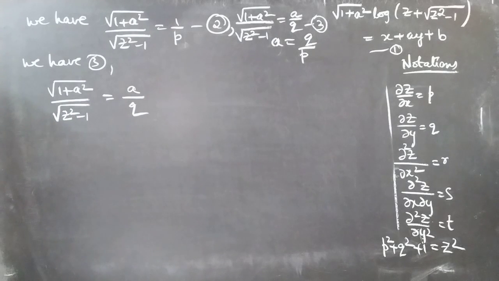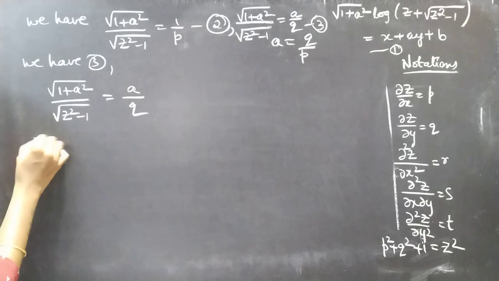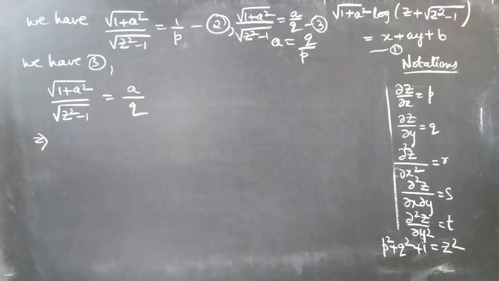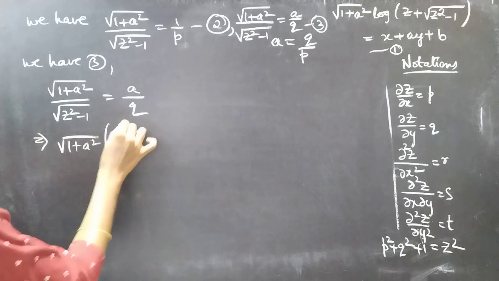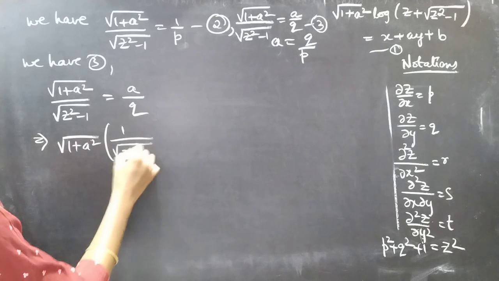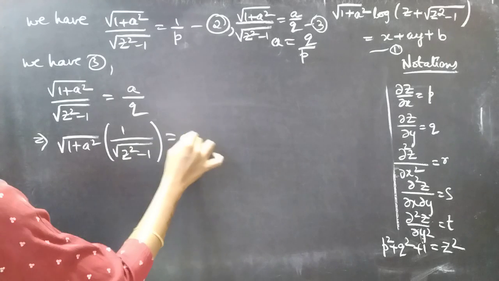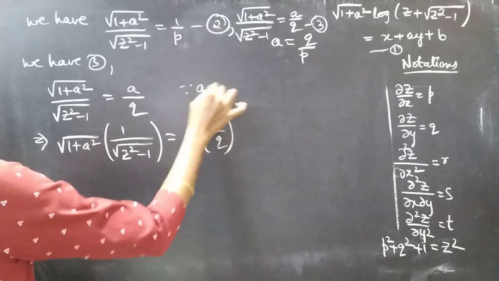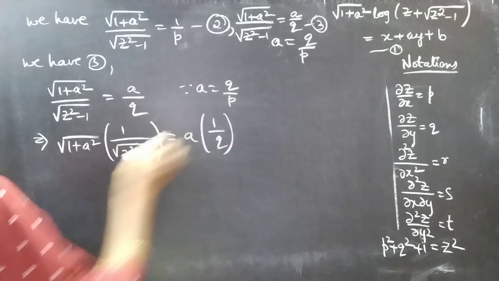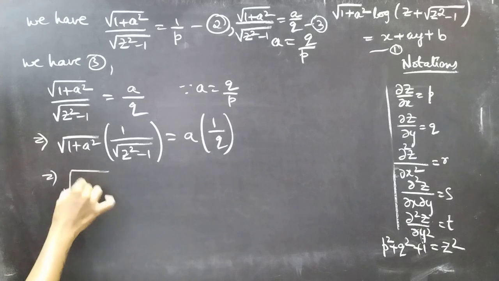Now let's substitute a equal to q by p here. In order to substitute a, I'll write this equation as square root of 1 plus a square into 1 by square root of z square minus 1 equal to a into 1 by q for my convenience, since a equal to q by p. Now I'll substitute a here.